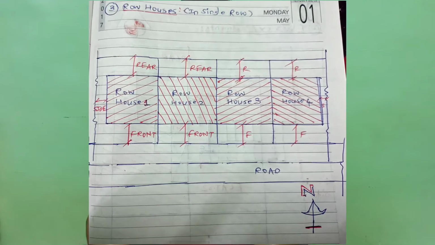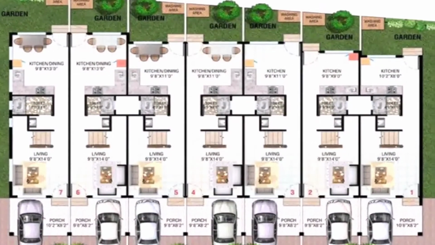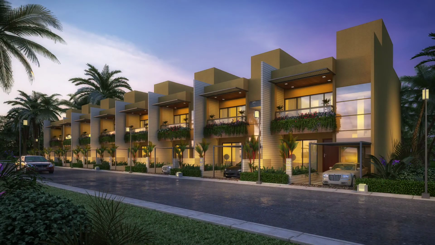Third variety is the row houses. Row houses is nothing but in a single row, multiple houses or buildings are constructed. All buildings are symmetric, which you get in the interior planning as well as in the exterior viewpoint.